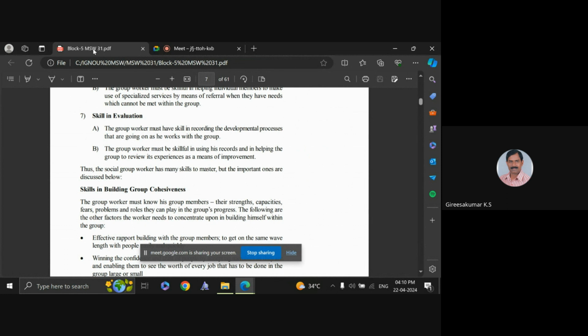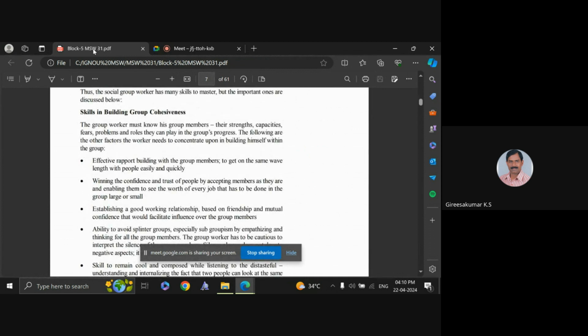Then skills in building cohesiveness. Group cohesiveness. That means effective groups must be there, and he or she must know the strength, the capacity, fears, problems, and roles that can play in the group's progress. An effective rapport or effective relationship must be there.